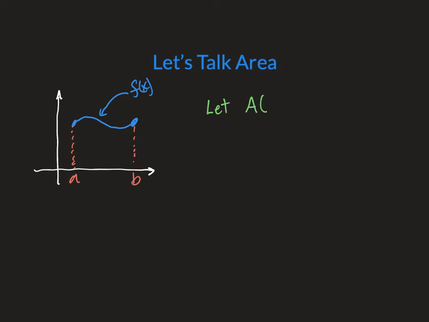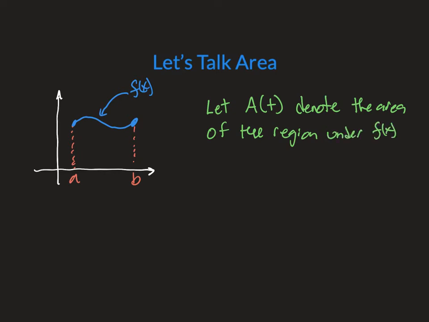The way we usually say that in mathematics is we say let A of t denote the area of the region under f from x equals a, which is the left boundary, to x equals t, where t is between a and b.